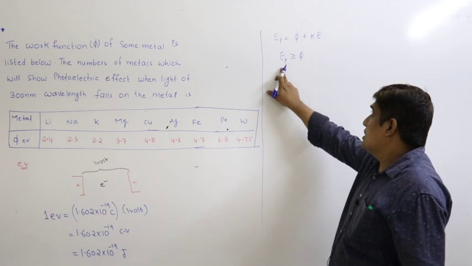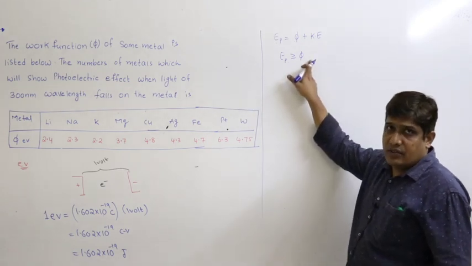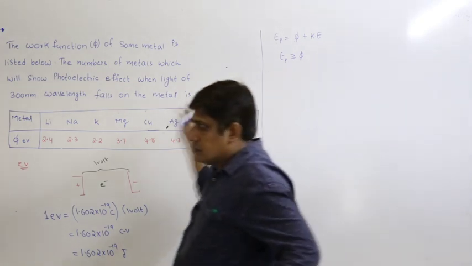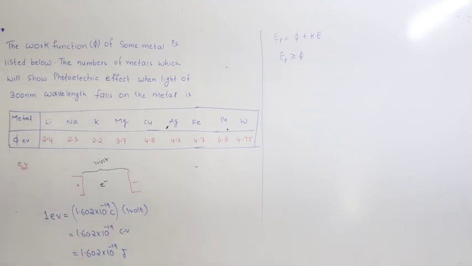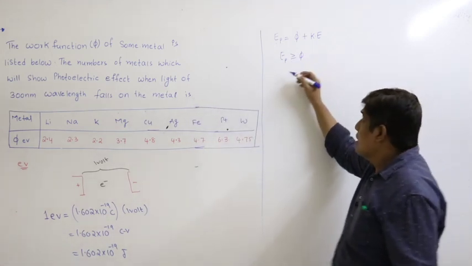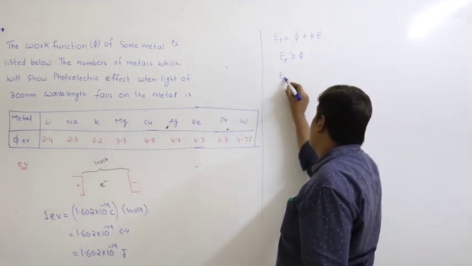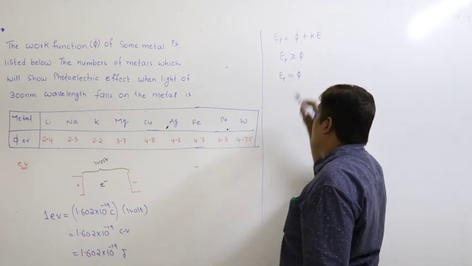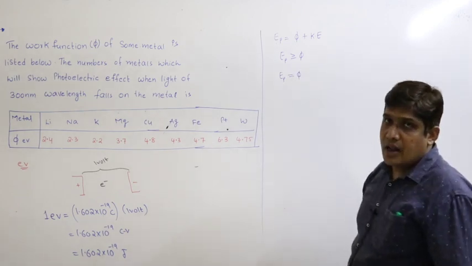So the minimum energy is equal to the work function of the metal.